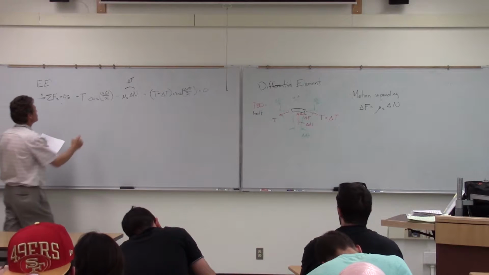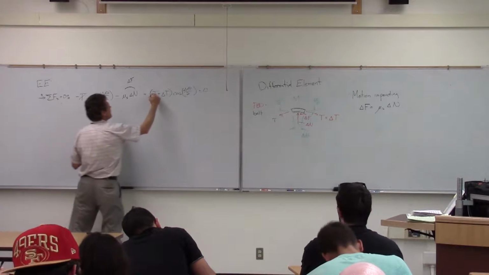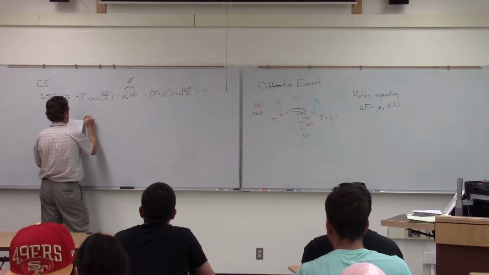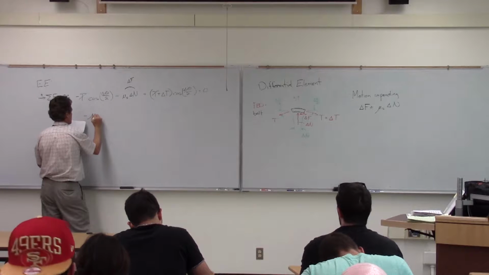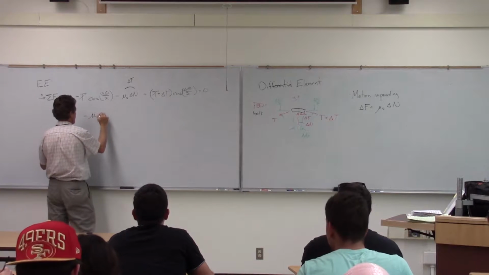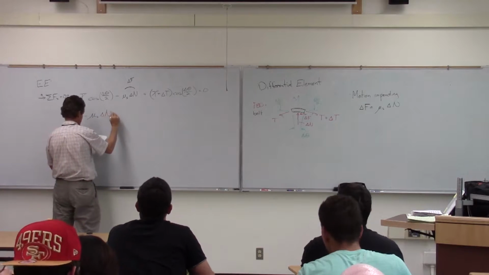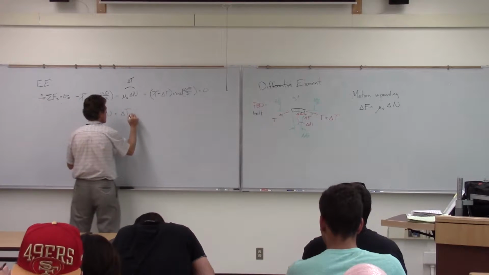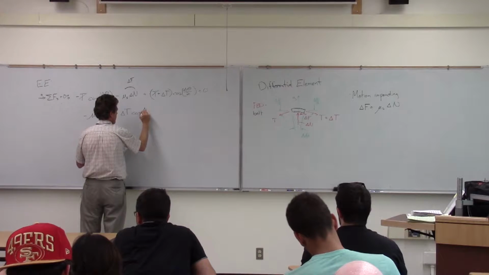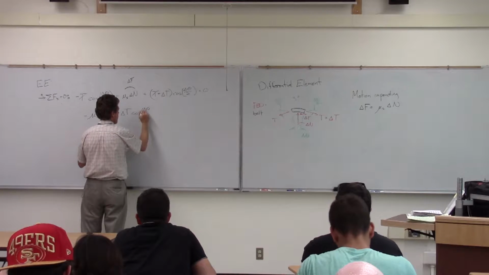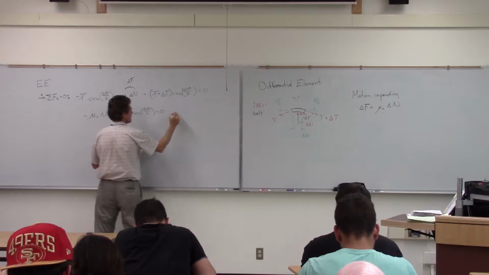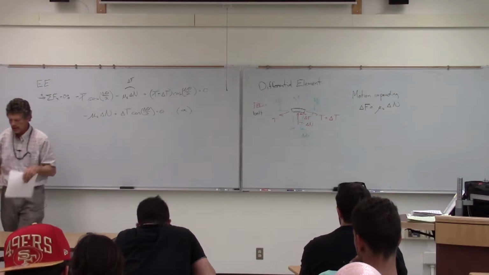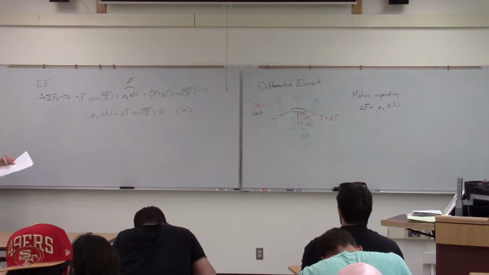Now, of course, a number of these things will drop out. We'll call that equation A. So we'll just take those two T pieces out there and leave that.